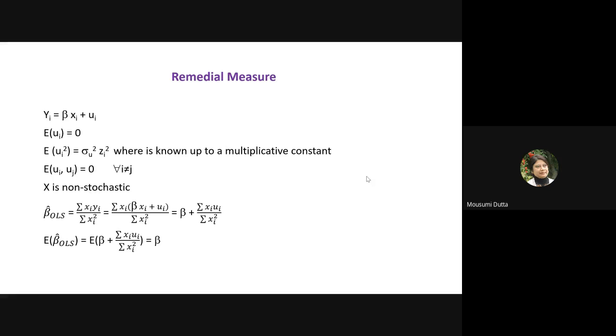Expectation of ui square, that is the variance of ui, we are writing as sigma square multiplied with the variable component zi square.